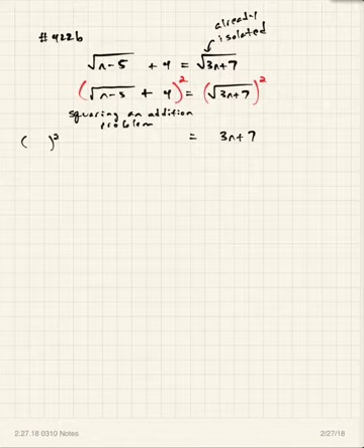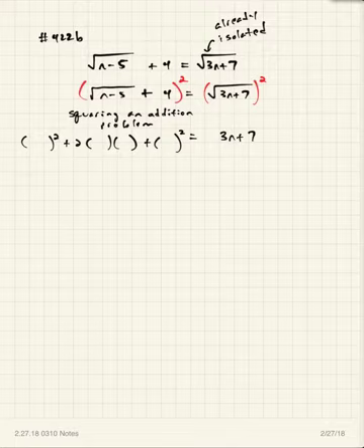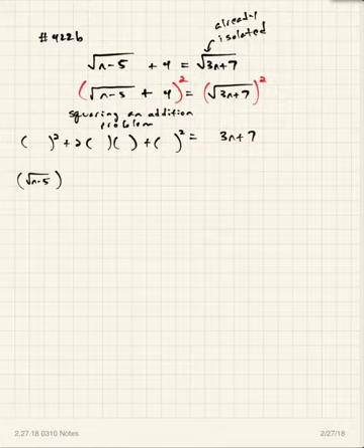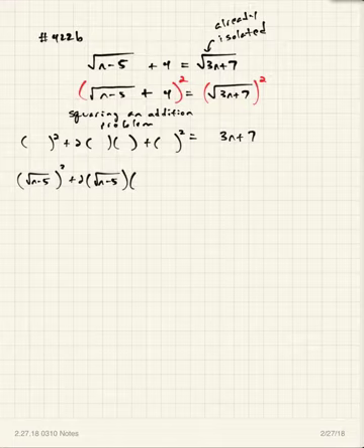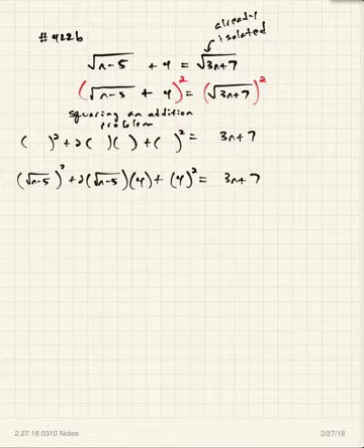So it's something squared plus 2 times something times something plus something squared, like that, right? And I'm going to fill in those parentheses with the terms that I've got. So the first one is the square root of n minus 5 squared, plus 2 times the square root of n minus 5 times 4, and then finally plus 4 squared equals 3n plus 7. So this one's going to be a little bit yucky at the end here.